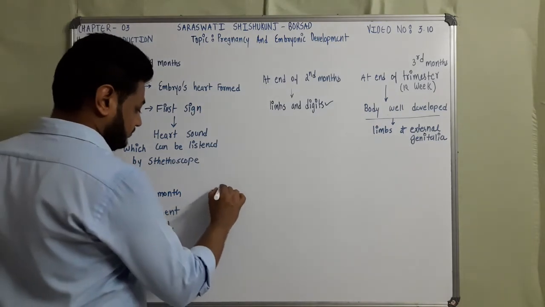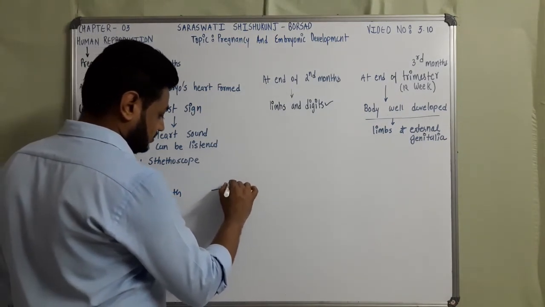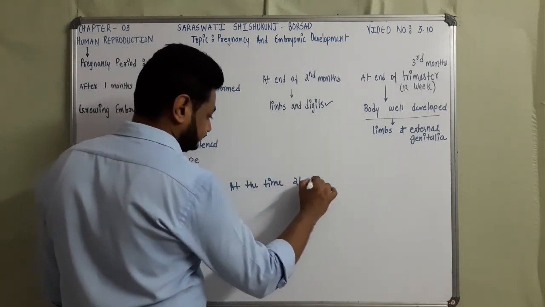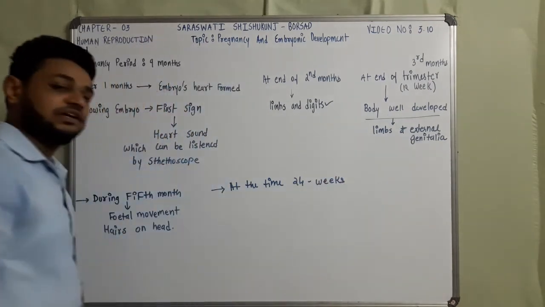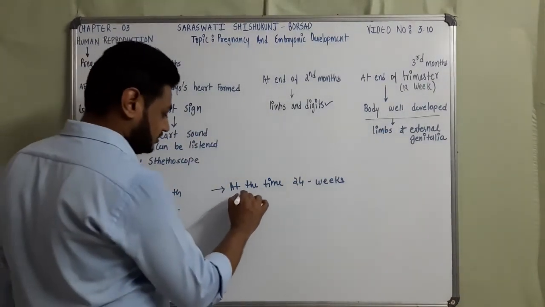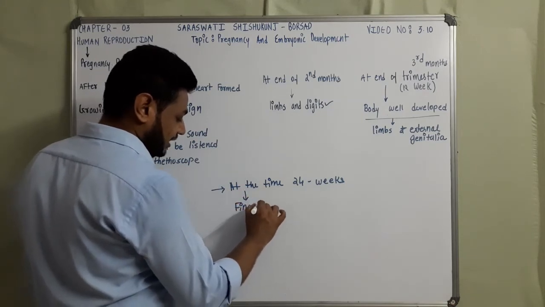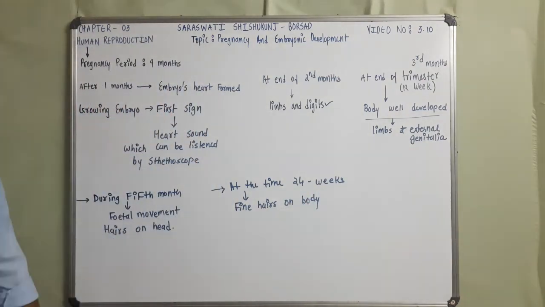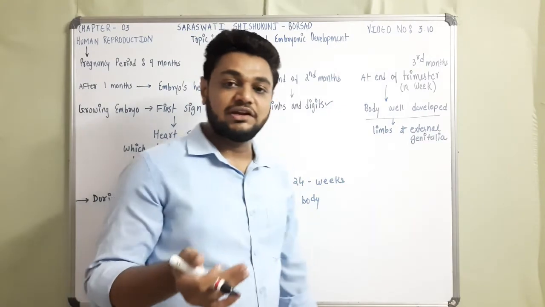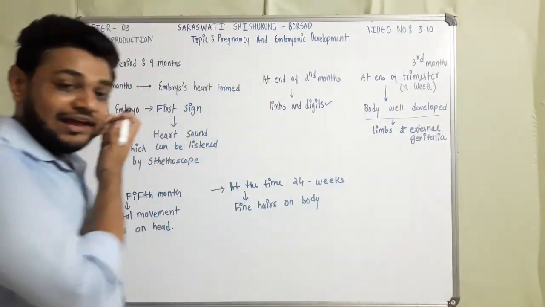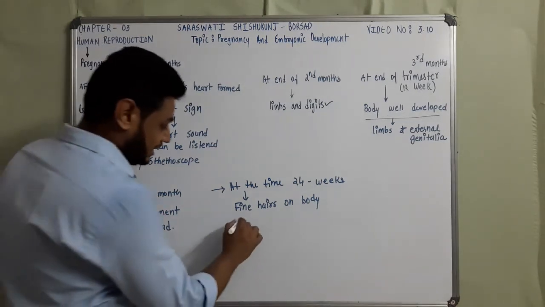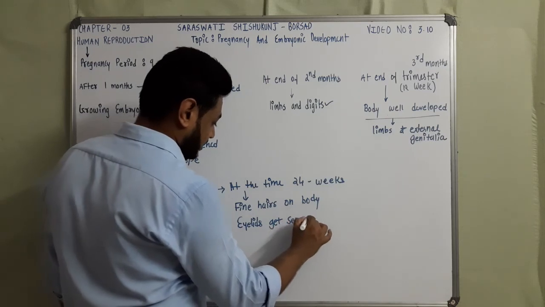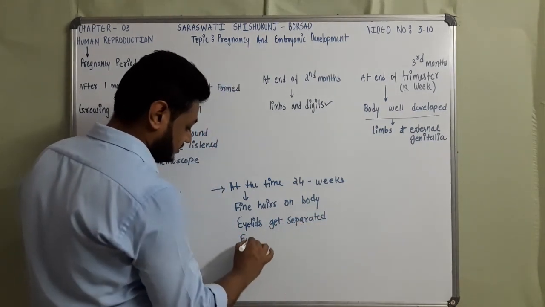Now at 24 weeks, what can we see? Fine hairs on the body, so we can see developing hairs on the body. After that, we can also observe that eyelids get separated and eyelashes are formed.